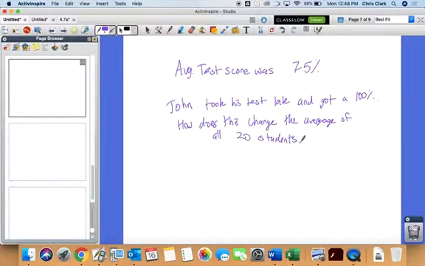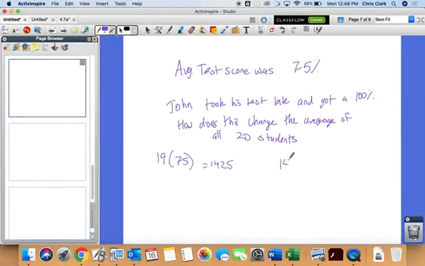So with John, I have 20 students. Without John, I had 19 students. So what is the total value with those 19 students? If I had 19 times 75, that gives me the total value of those 19 students who had an average of 75.